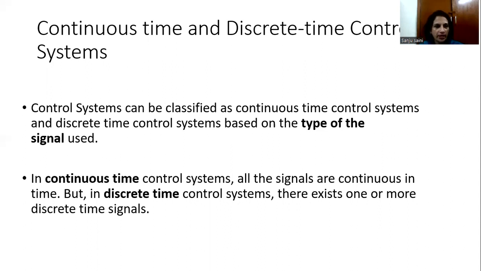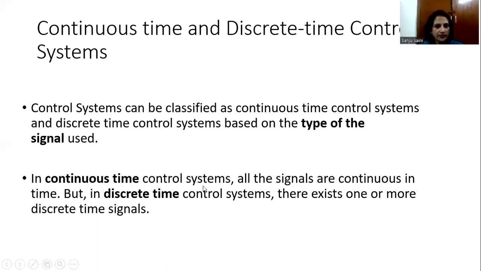So if we are using discrete or digital signal at one or more stage of the system, then that particular system is termed as the digital or discrete time control system. So this classification of the control system is based upon the type of the signal that we are using.